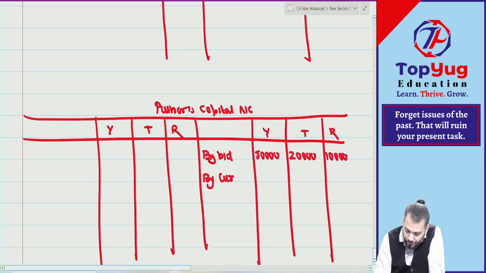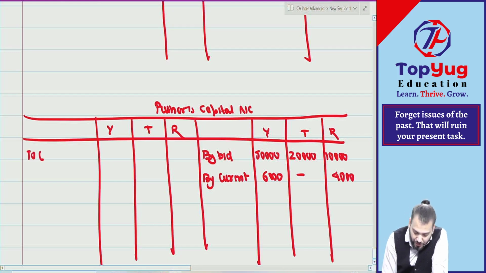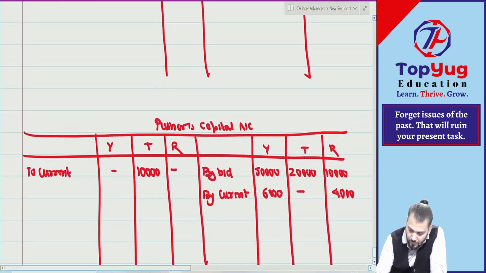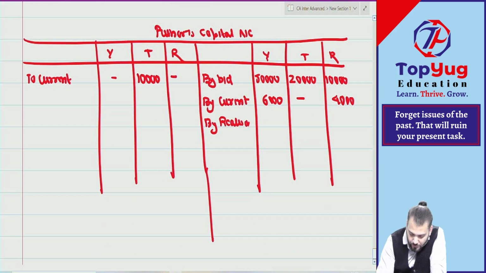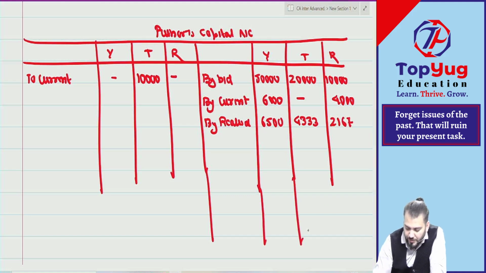How much current account? And how much current account? There was a realization profit, na? So by realization, how much? 4,300. Correct.